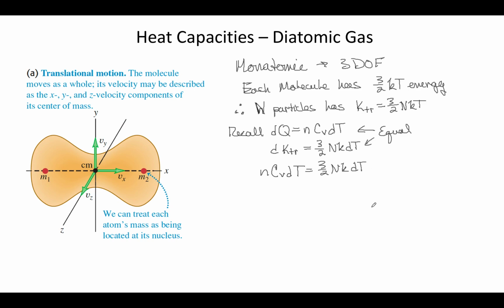Get rid of the dT's. nC_V equals 3/2 capital Nk. Boltzmann's constant right here, the k. And we just have to recall that Boltzmann's constant is also thought of as the ideal gas constant per mole, per molecule. And so that should be divided by Avogadro's number.